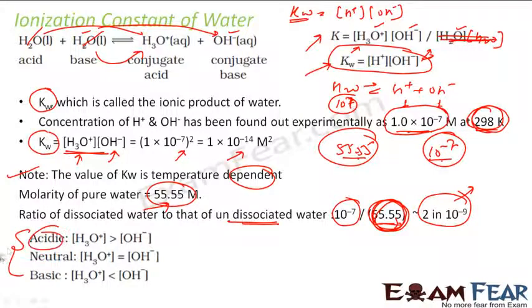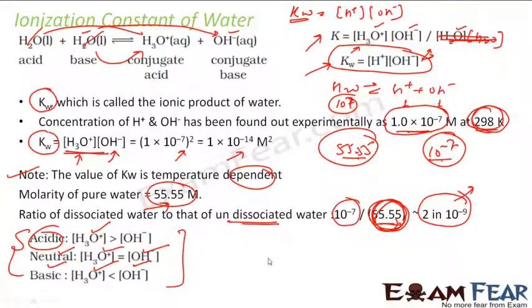This is something we know. To make a system acidic, the H plus ion concentration has to be more than the OH minus ion concentration. For a neutral system, the H plus and OH minus concentrations are the same. For a basic system, the OH minus concentration is more than the H plus ion concentration.